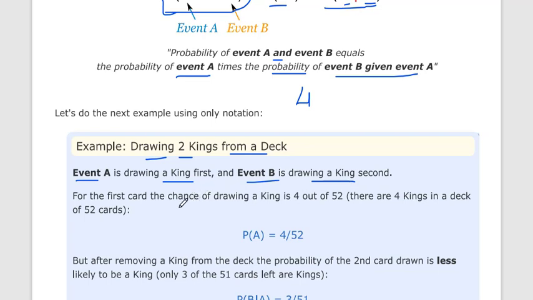Now for the first card, the chance of selecting a king is 4 out of 52. There are 52 total cards and 4 kings. So the probability of event A is 4 by 52. Now, after removing a king from the deck, what is the probability that the second card is a king?